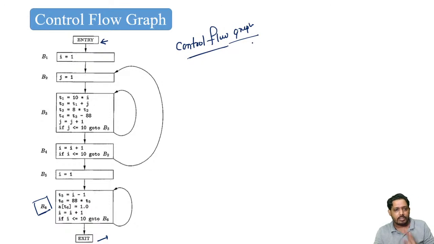So the first question that was asked in the GATE examination, I'm just getting it for you. Till then, understand this is a control flow graph. Just give me 1 minute.